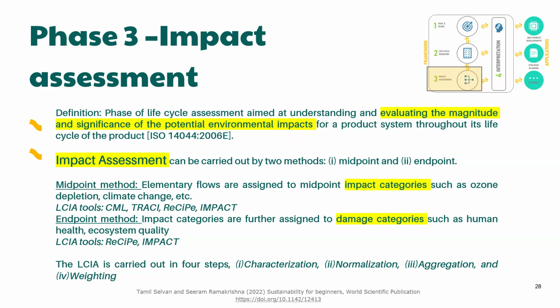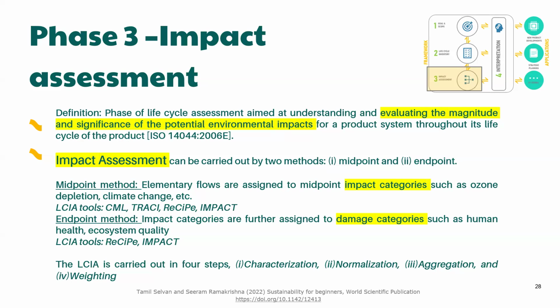In the midpoint method, the elementary flows are connected to categories like human health or ecosystem quality. And the endpoint method will connect to damage categories like ozone depletion or climate change. So all I need you to understand here is that for any given product, you have two different methodologies, and based upon the methodology, you can measure the potential impact of that particular selected assessment.